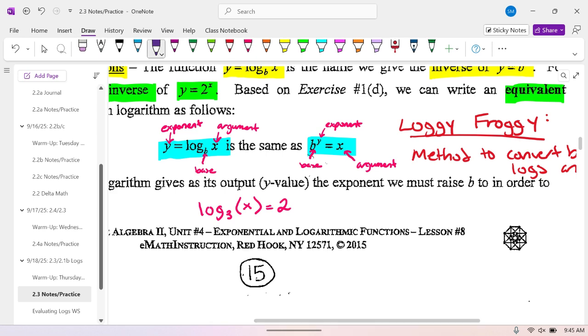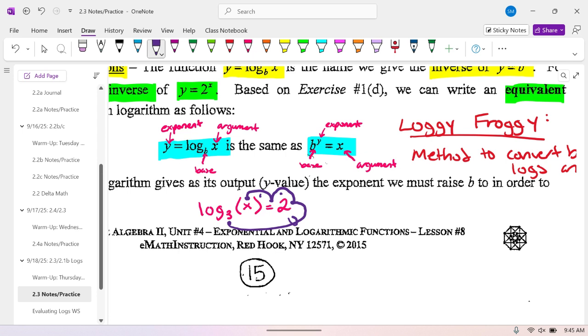You always start at the base, which is that little number, and you're going to swing to the right. So I'm going to hit the 2, hit the equal sign, and then hit the x. So you start at the base and you swing it to the right. All right. And there's my little frog.